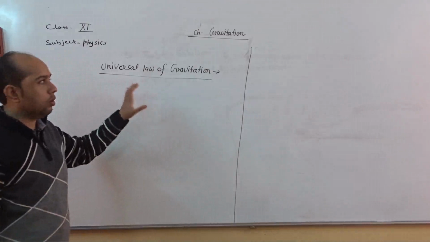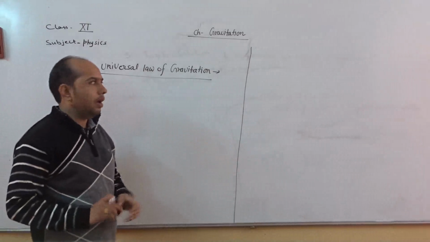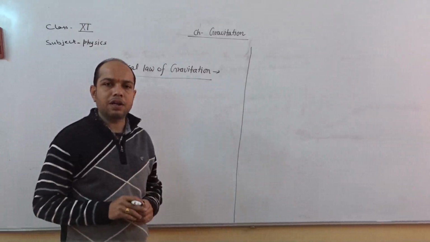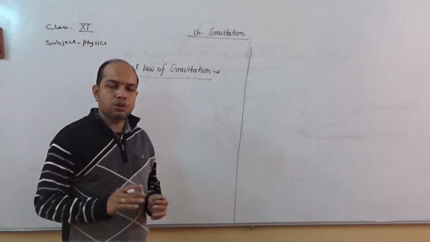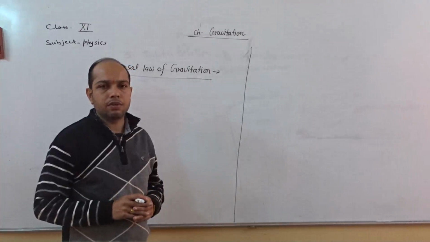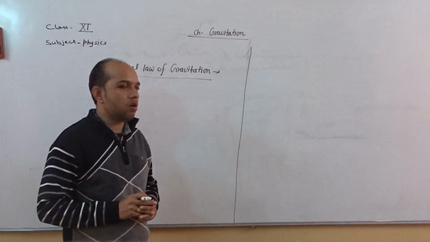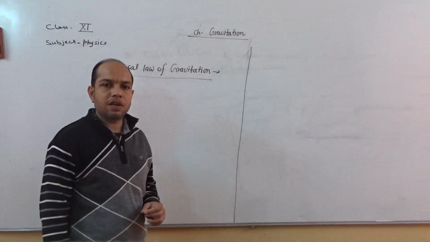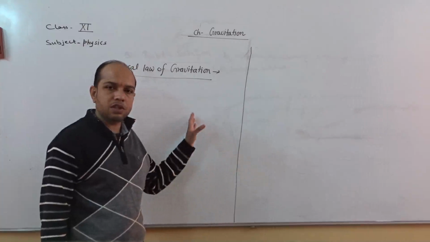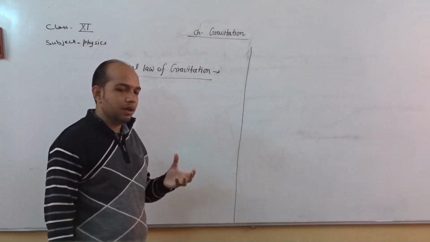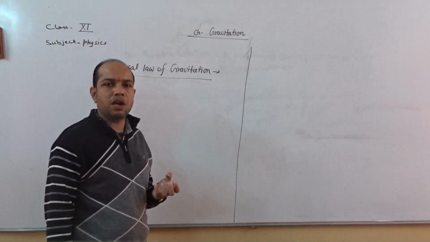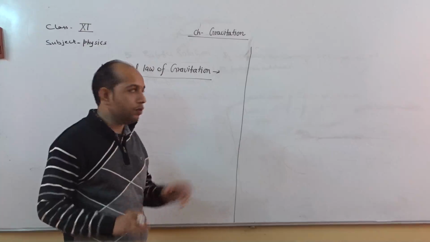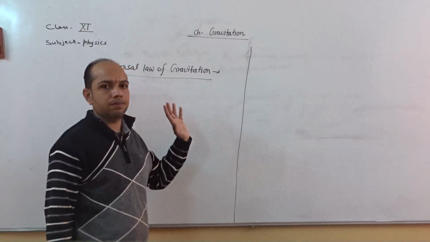That is why it is called the universal law of gravitation, and it states that whenever two objects are separated at a finite distance, both objects experience a force. This force is called the force of gravitation, and in day-to-day life we cannot observe this force because its value is quite low. We cannot experience it in day-to-day life, but this force is applicable.